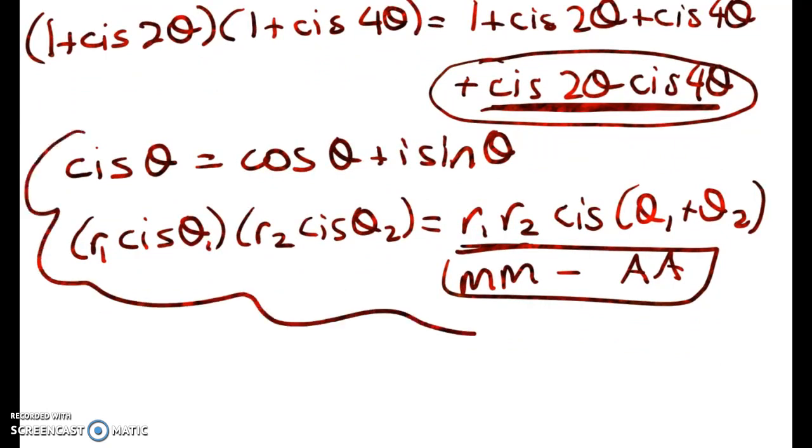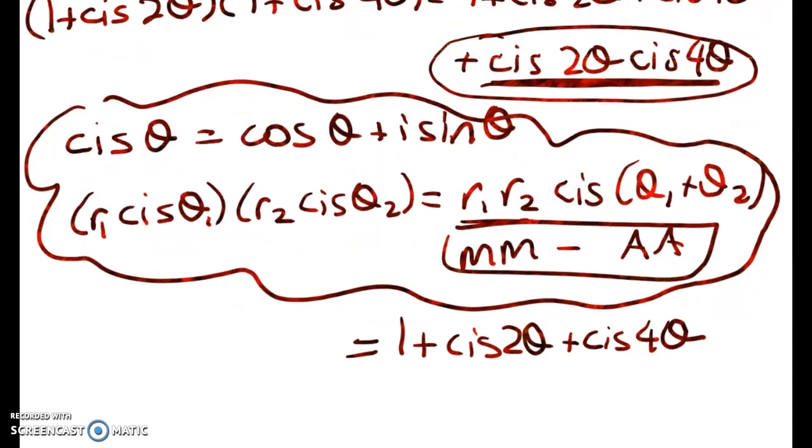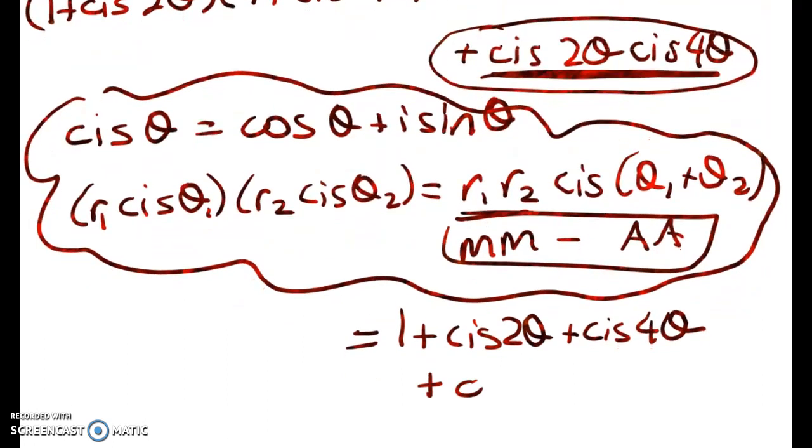So let's just put all of that into a little bubble. So we've got 1 plus cis 2 theta plus cis 4 theta, and then the last term simplifies to cis of 6 theta. So that's my complex equation. Now the next step is to get the real parts and the imaginary parts for each of those.